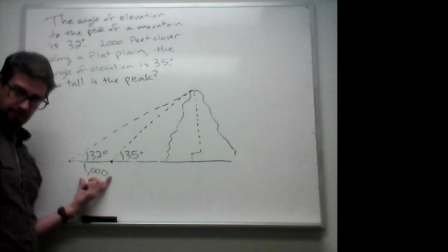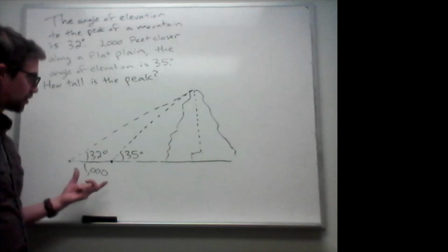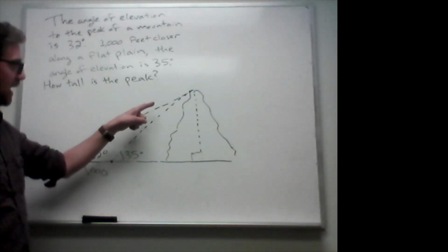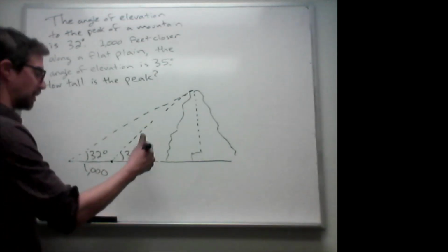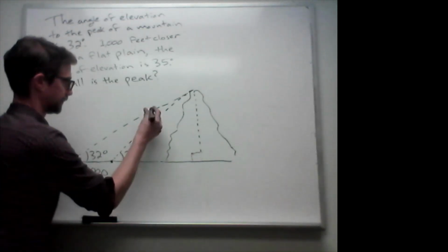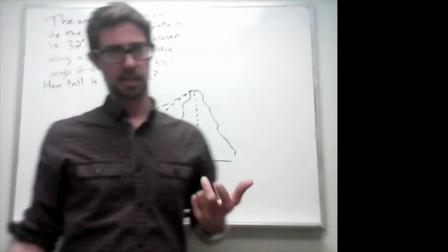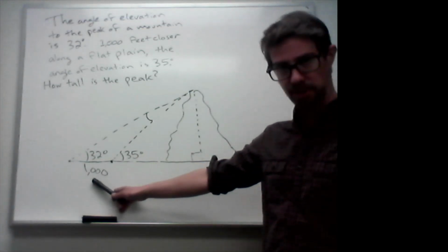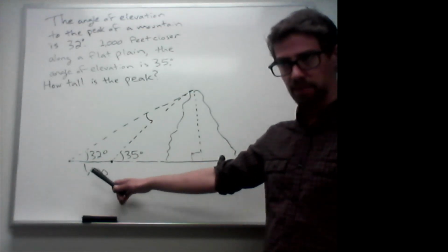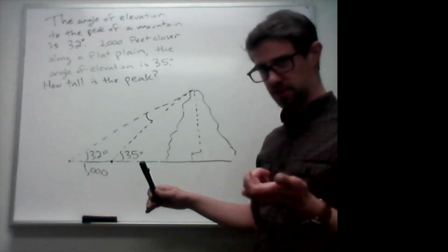So like the only side measurement I have is this 1,000. So I better get one of these other angles in this triangle. So what I'm going to do is I'm going to get this one so that I can use the law of sines. Since this is the only side I can possibly have at the moment, I must have to get an angle and I must have to use the law of sines. Law of cosines, you always need a couple sides.